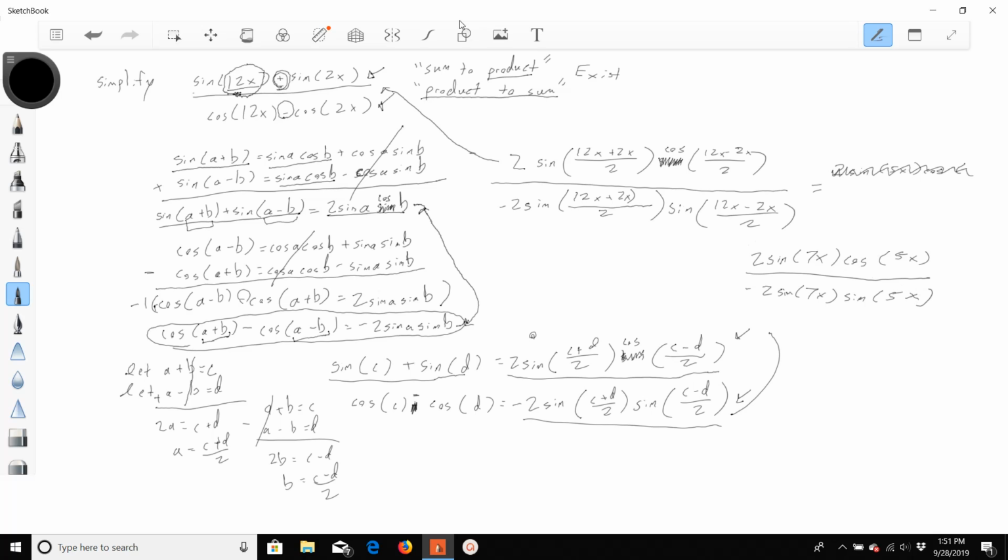5x. And now this is the whole point why we did this, because look at this. Those go away. Those factors canceled out, leaving us with, and there's a negative sign out here because of here, negative cosine 5x over sine 5x, which is negative cotangent of 5x.